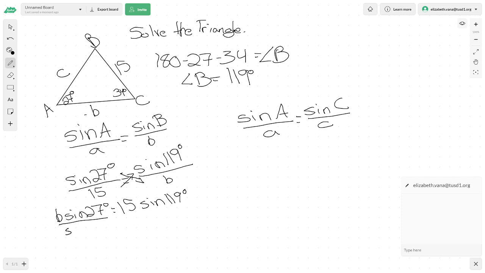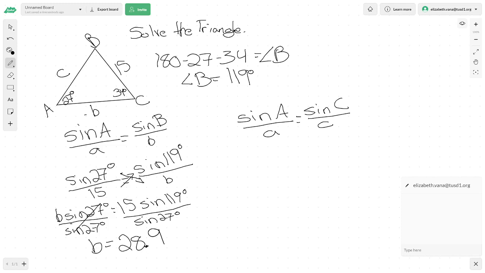To get B by itself, we divide by the sine of 27. So B equals 15 times the sine of 119 degrees divided by the sine of 27 degrees. Plug that into our calculator, make sure we're in degree mode, and I get 28.9. So B is going to be 28.9 units.